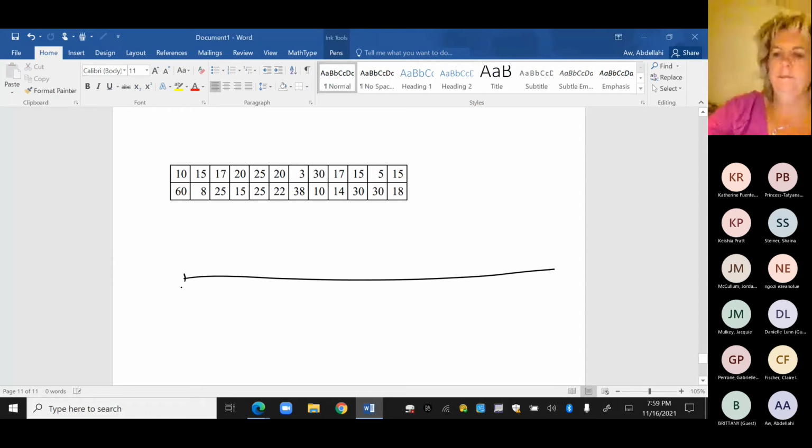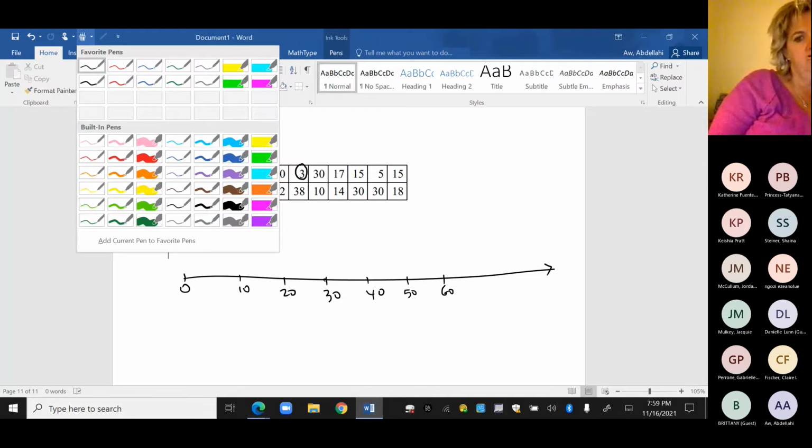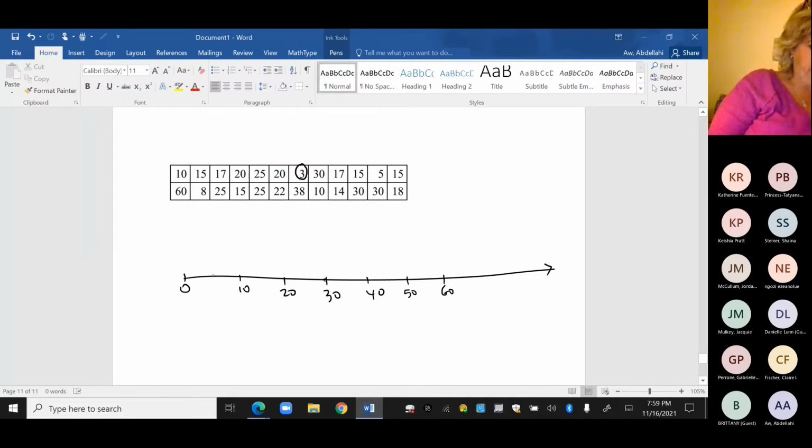I put 0 here, this is 10, this is 20, this is 30, 40, 50, 60, right? Okay, so now, 3, how many times do I have 3? I have 3 one time, right? Where is 3? 3 is about here. This is 5, and this is like 3.